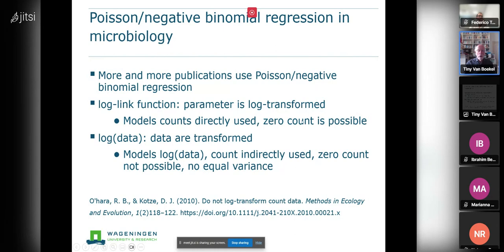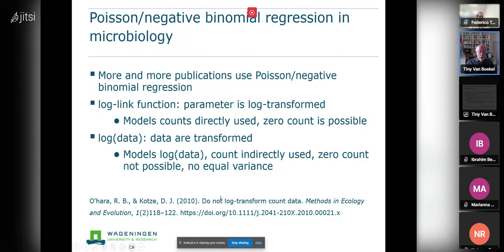And also you can use zero counts, which is not possible if you take the logarithm of zero counts because that does not exist. So in that sense, it's also from a theoretical point of view better to use this log-link function than taking the logarithm of the data.